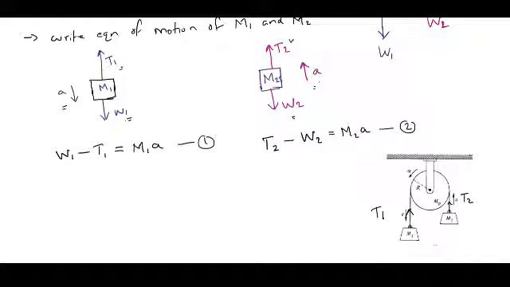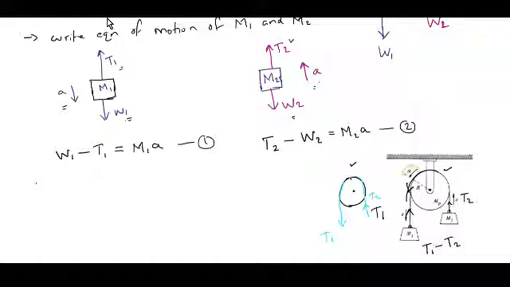Then the imbalanced force, that is T1 minus T2, exerts a torque to this pulley. Because of this tension T1 and this one T2, the imbalanced force T1 minus T2 exerts torque to the pulley. As a result, the pulley undergoes an angular acceleration.